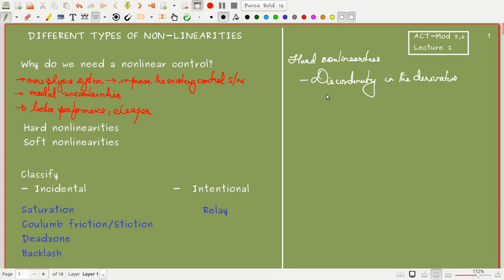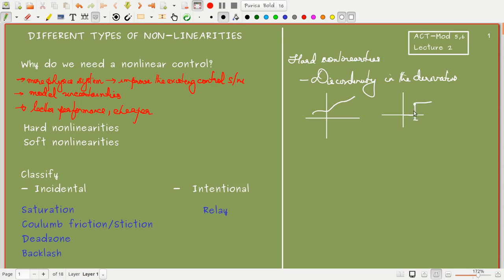For example, if I consider a function like this, we can say that this is continuous. That means this is differentiable at every point, so we can take the derivative of this curve at every point. If I consider a function like this, it has a discontinuity, for example at 1.